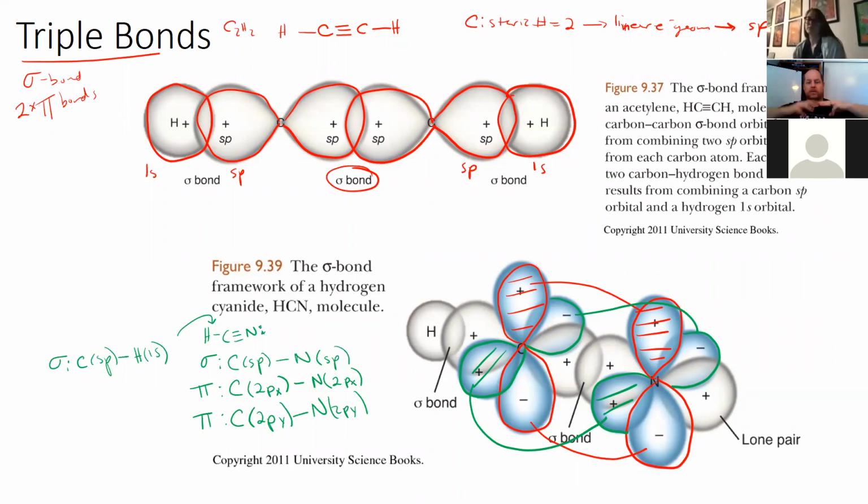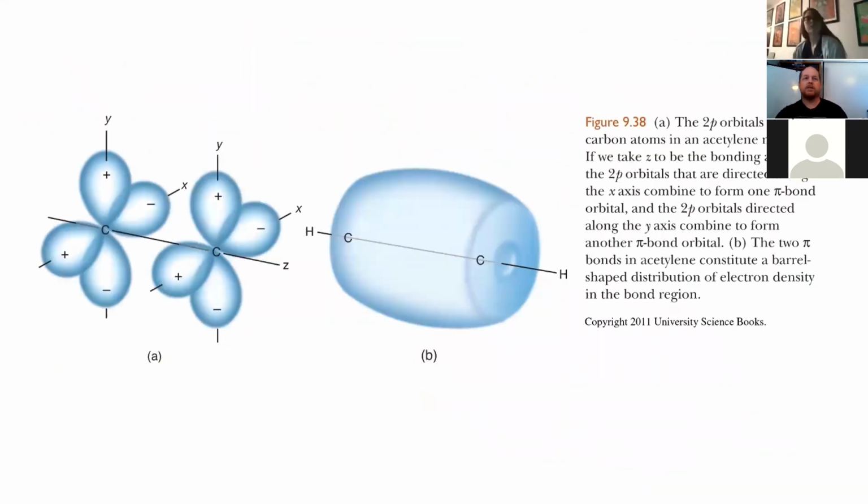If you look at acetylene, for example, you can almost look at the pi bonds as an electron distribution in a kind of barrel shape all around the outside of that bonding axis. That's a way you can look at electron densities. Okay, it's not entirely that simple, but it's one way to look at it.